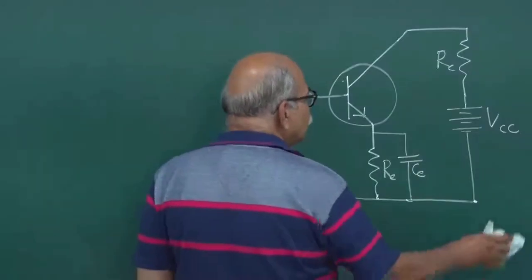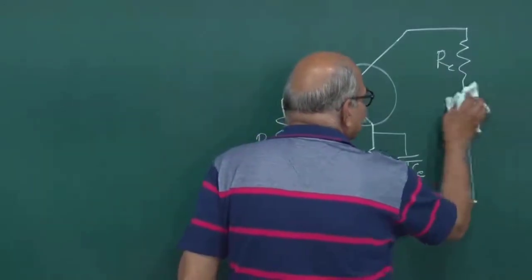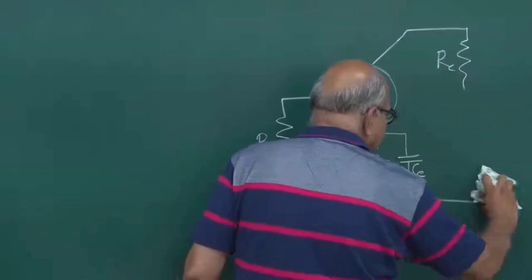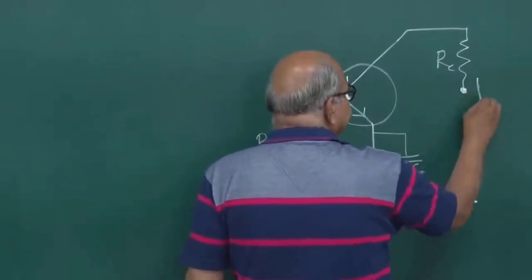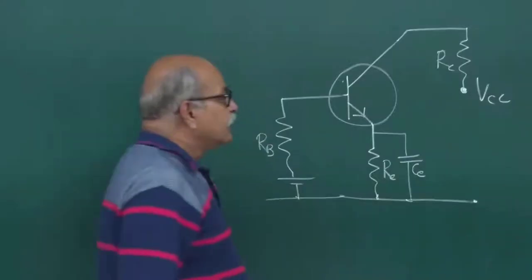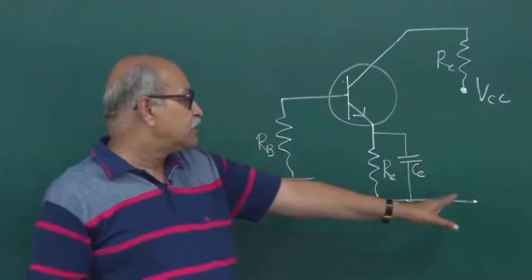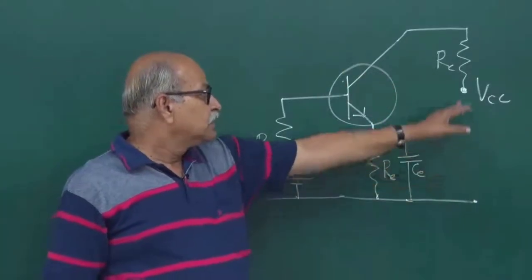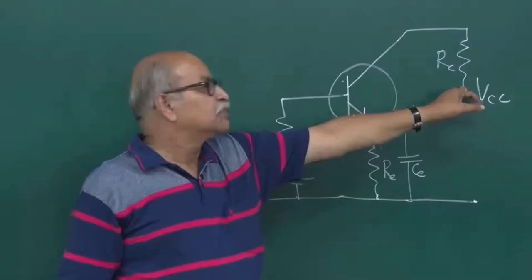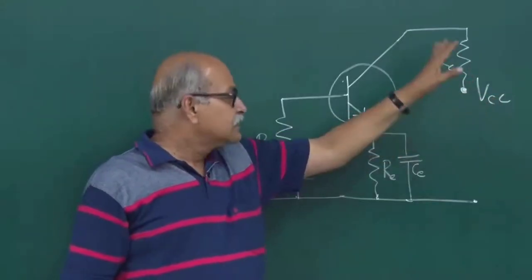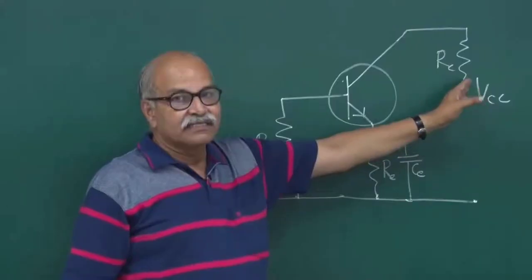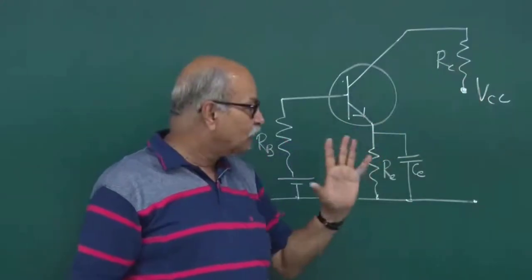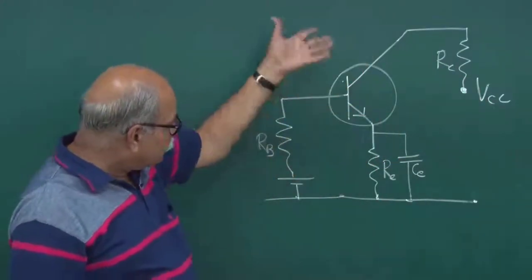So you can just remove all these things from here, and if you just write that this point is VCC, it serves. It tells me that with respect to this ground, this point is at this potential. So a battery is connected between the ground and this VCC. So that's one thing.